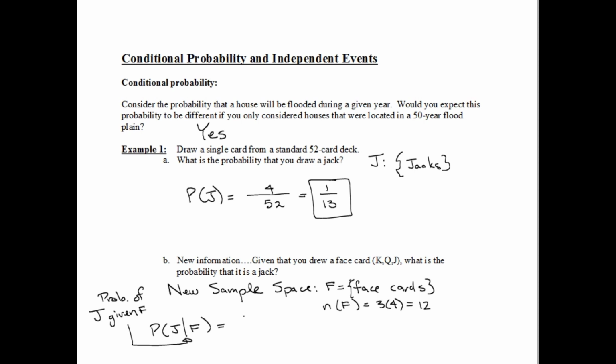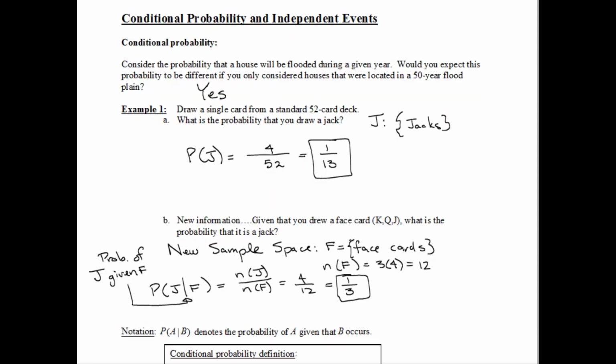So this is going to be the number of jacks divided by the number of possibilities, which is now the set of all face cards. So 4 jacks, 12 face cards, so our probability is a third. In other words, a third of all the face cards are jacks. So that answer seems reasonable.